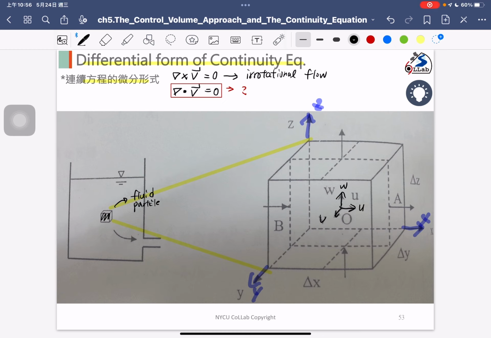And right now I pick out the dashed line, which is my control surface boundary. This control surface boundary is actually located at the xz plane, right? The dashed line is my control surface.